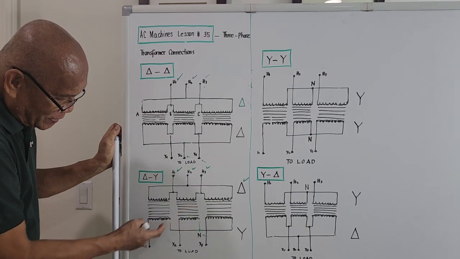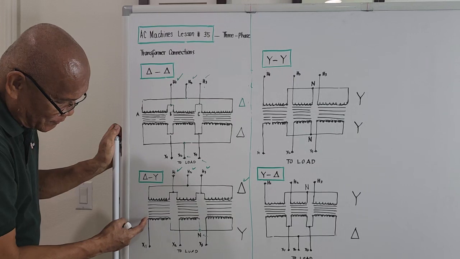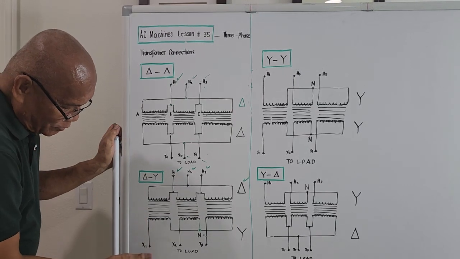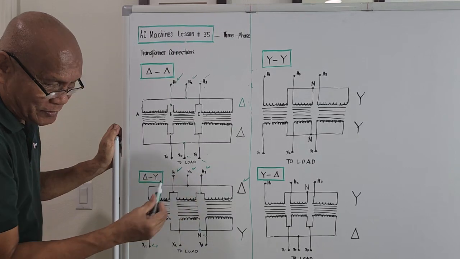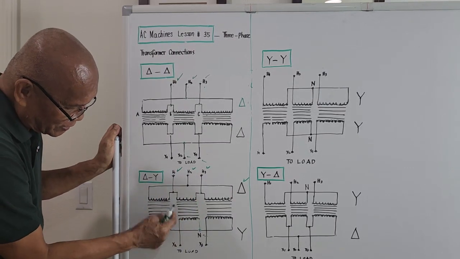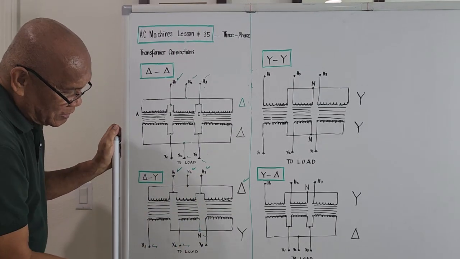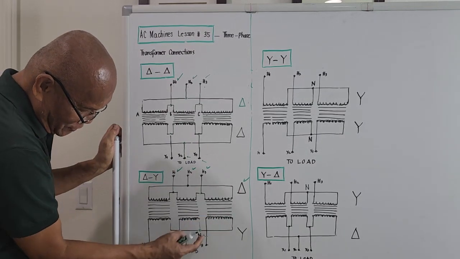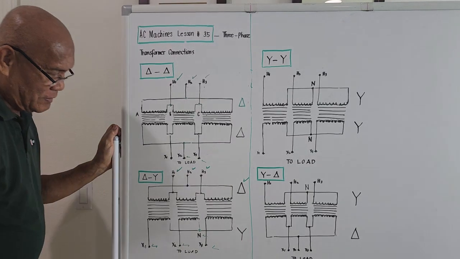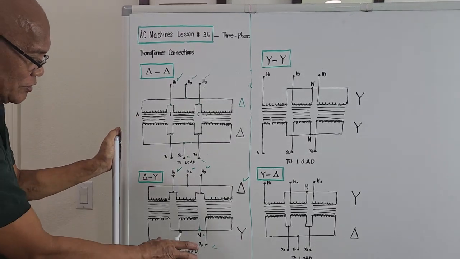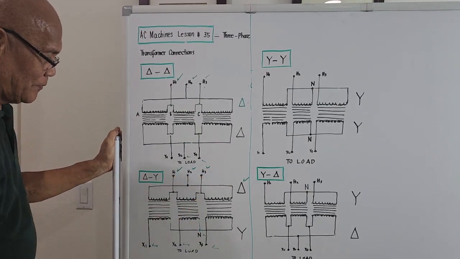So the end of this one is this point here. We bring it out, that will be X1. For this winding, the other end is actually this one. We bring it out, that will be X2. For this winding, the other end is actually this one, right? We bring it out, that will be X3. Okay? So this is the Y connected, this is delta.